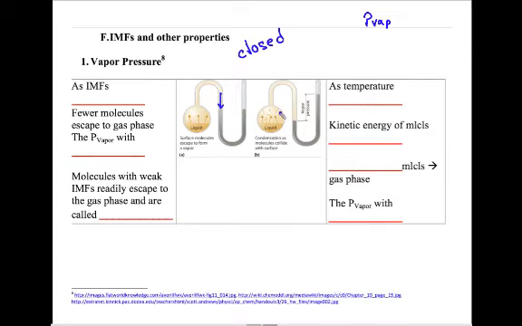Eventually, you're going to reach a point where a gas molecule condenses every time a gas molecule vaporizes. At that point, the rate of liquid going to gas equals the rate of gas going to liquid. When the forward rate is equal to the reverse rate, that's called an equilibrium.